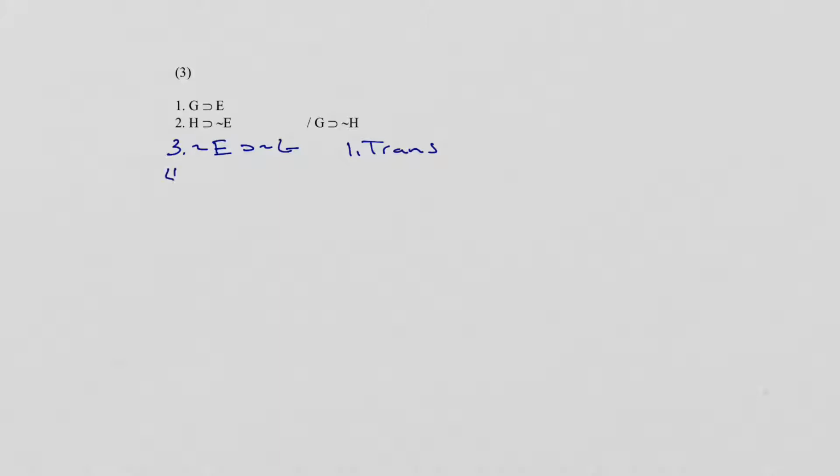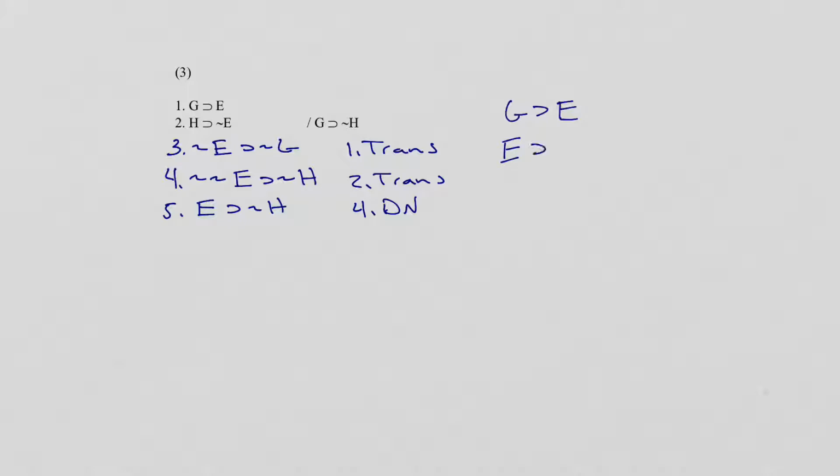So what if we do a trans, so you get not E, horseshoe, not H, so 2 trans. And of course, if we clean that up, you just end up with E, not H, so 4 double negative. Okay, so if we take line 1, which is G, horseshoe, E, and then line 5, which is E, horseshoe, not H, those get canceled out, and then we'll end up with G, horseshoe, not H. Okay, that's perfect.